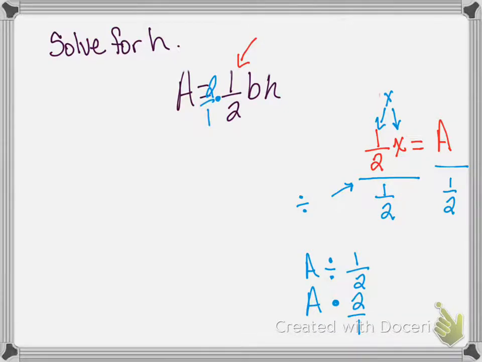Now, if I multiply the right-hand side by the reciprocal, what do I need to do to the left-hand side? Multiply by the reciprocal. So I'm going to multiply this times 2 over 1. So I have 2a equals b times h. That just got rid of my fraction.